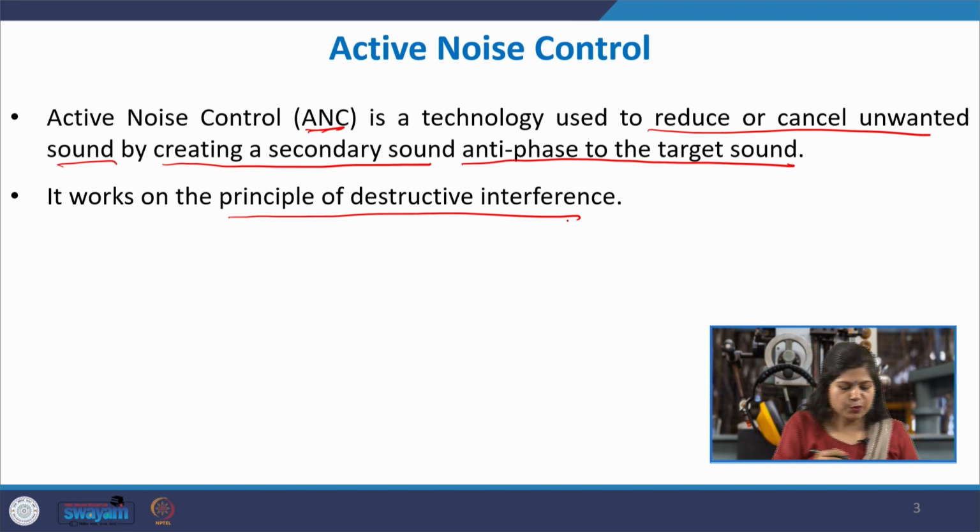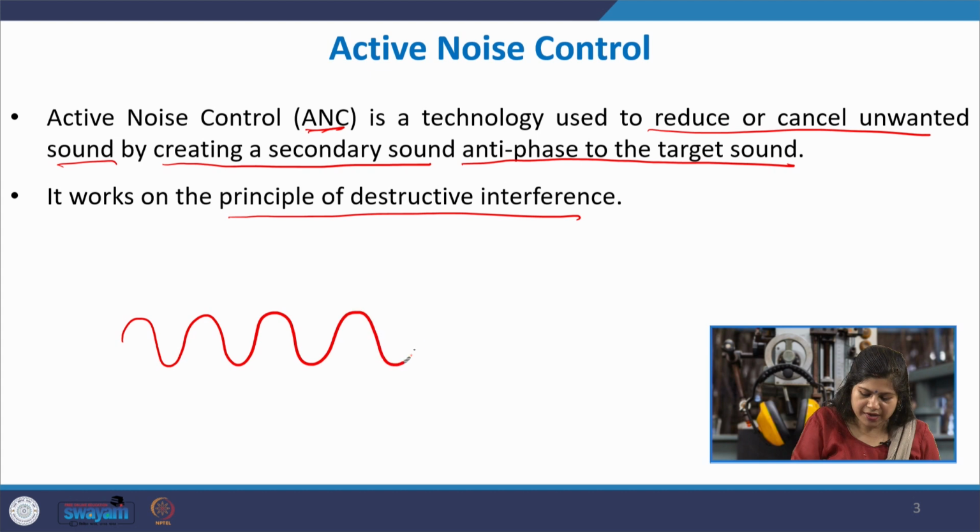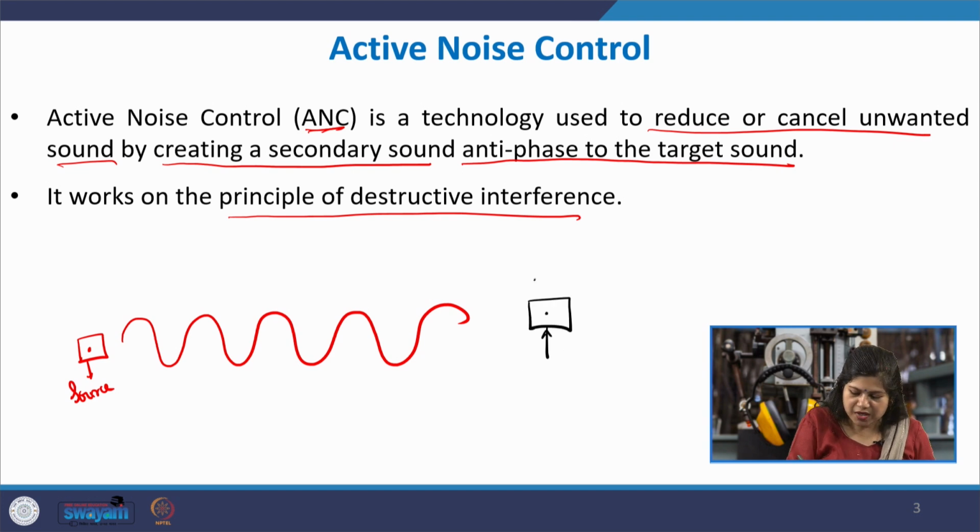So, what happens, suppose you have this sound that is present in a space, and this is your primary source which is creating the noise. Then what you do is you have a secondary source somewhere in that space. It could be a speaker or something like that.